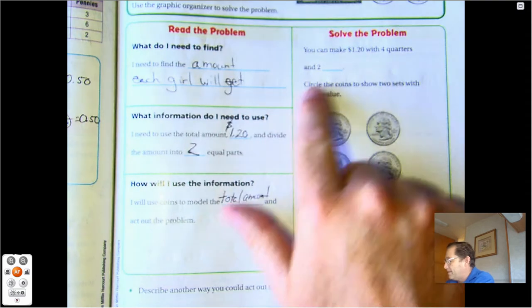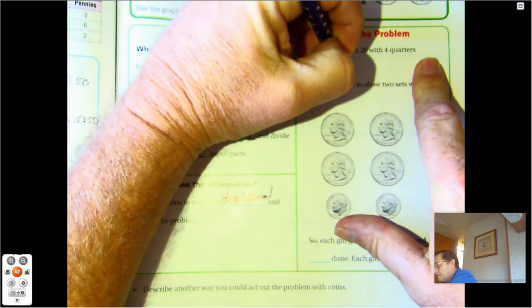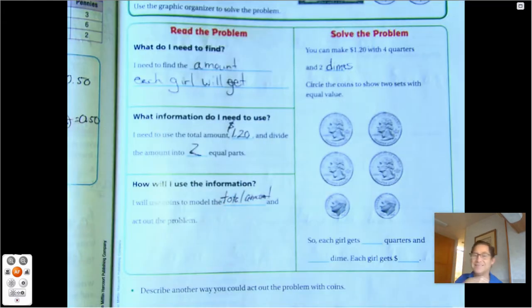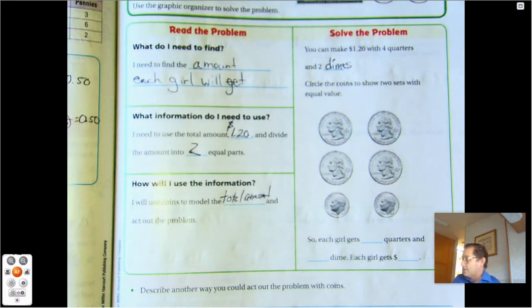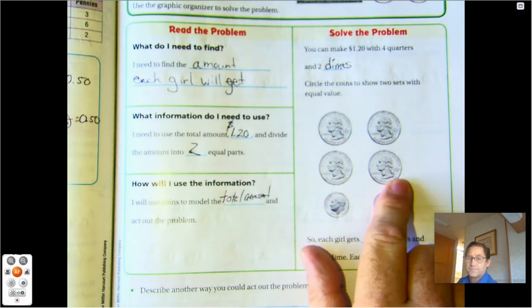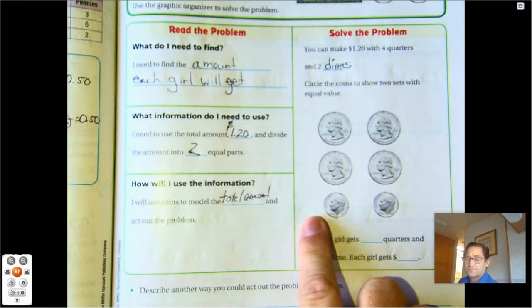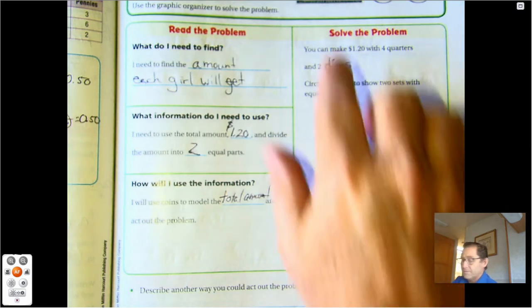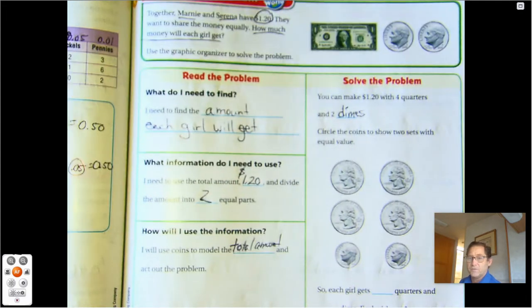So we're going to make $1.20 with 4 quarters and 2 dimes. Now, that's not the only way to make $1.20, but that's what we're doing in this problem. So now, after we've written out the 4 quarters to represent the dollar and the 2 dimes, we need to change this dollar bill into quarters in order to be able to share.